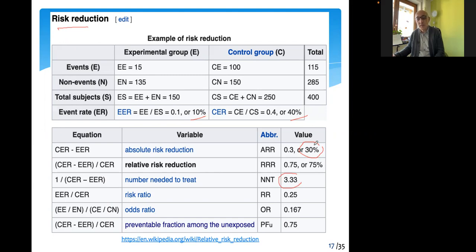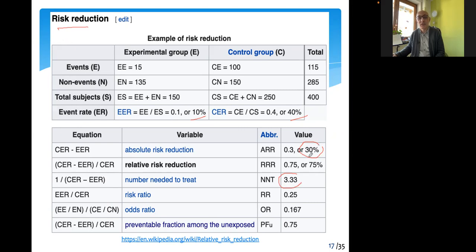Sometimes when the percentages are not so high as here, 40 and 10, especially the medical companies, the drug companies, prefer to present you the relative risk reduction instead. Relative risk reduction is, of course, the risk reduction relative to the people with the event in the control group. And I advise you, always, if you hear the relative risk reduction, ask also for the absolute risk reduction, because sometimes that's more important for you.